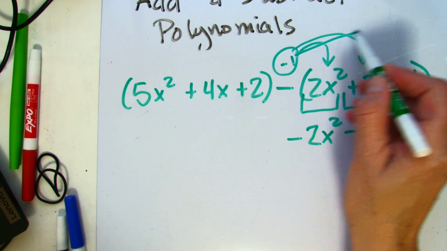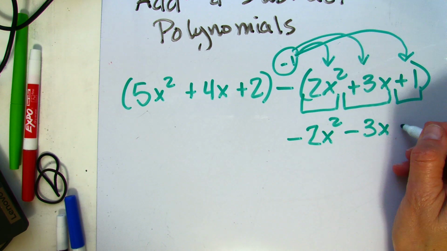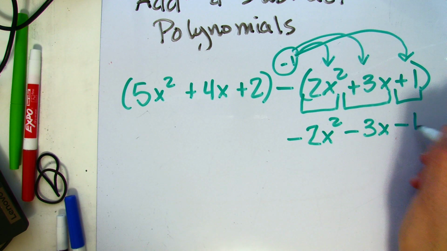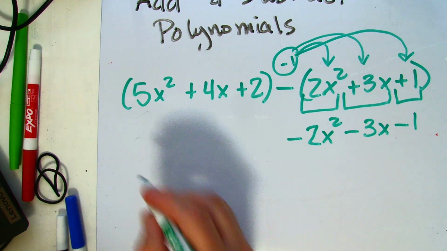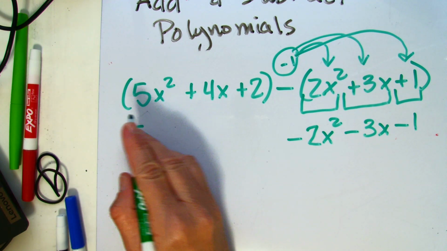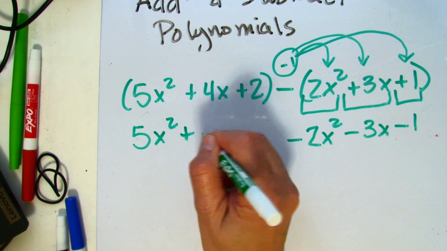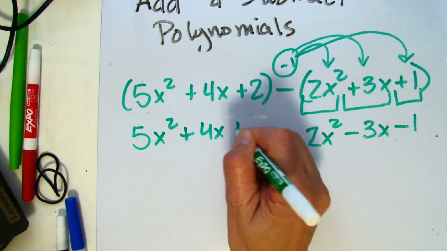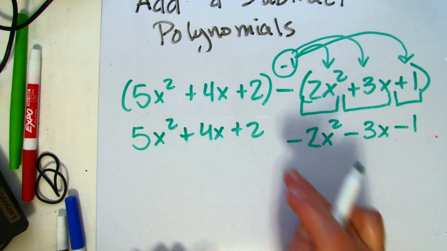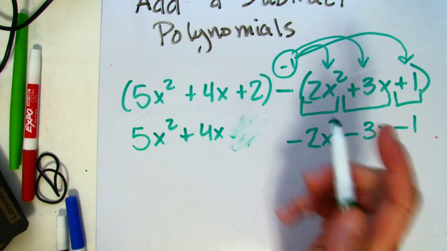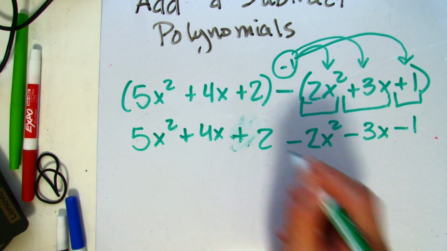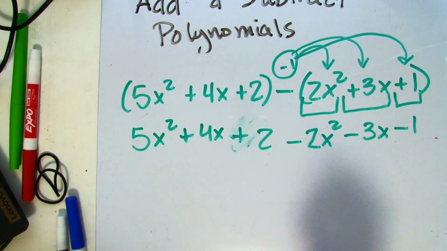A negative 1 times a positive 1 is a negative 1. Now, of course, I can bring down the first, and I could have done that before. And now that the parentheses are all gone, I can combine like terms.